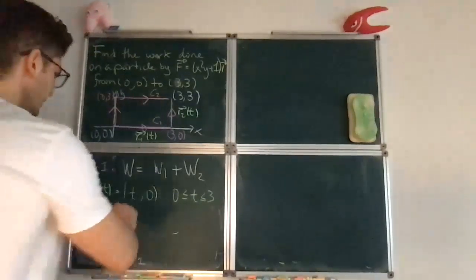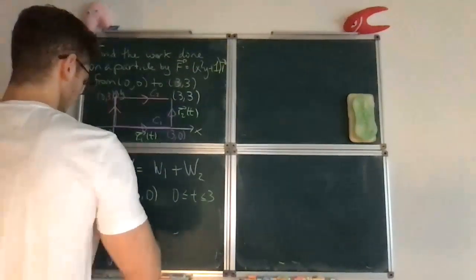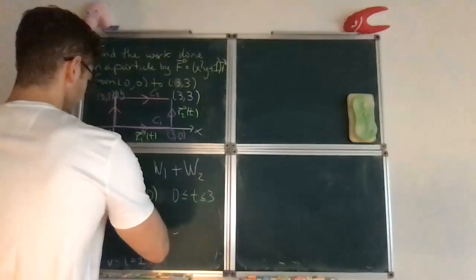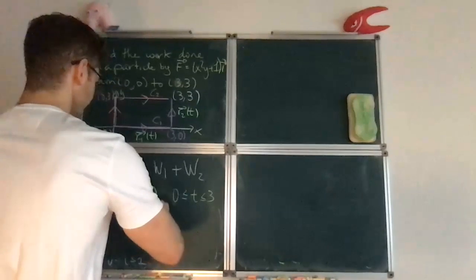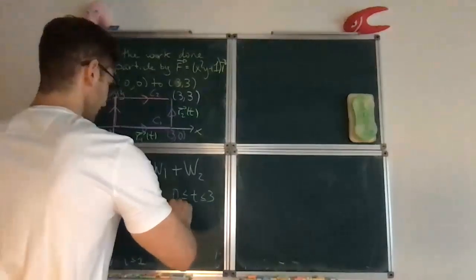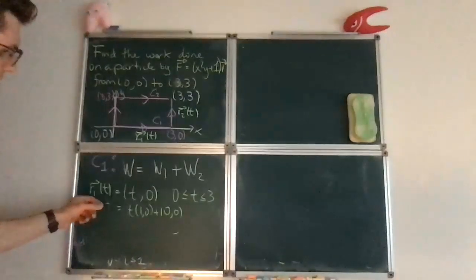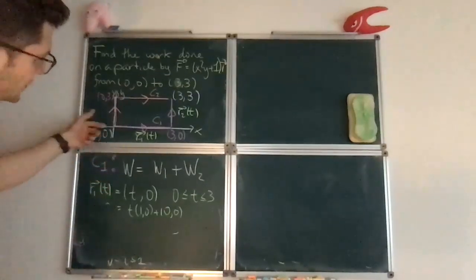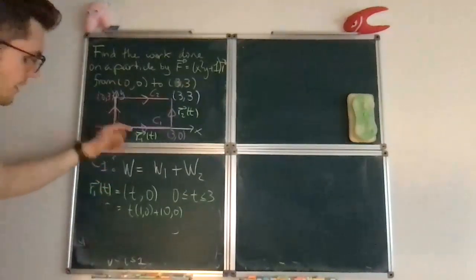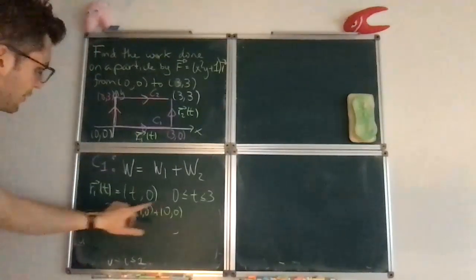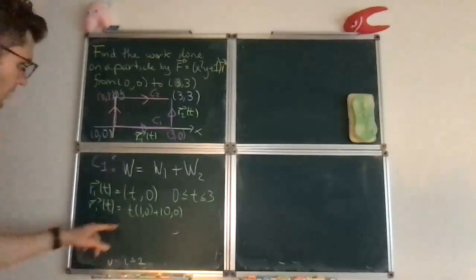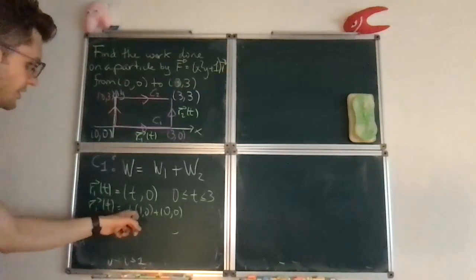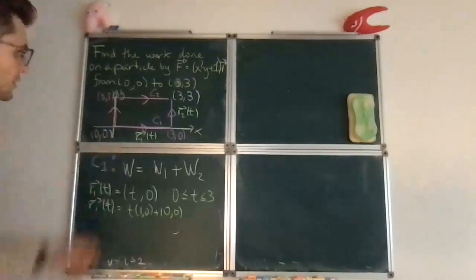Well, you can write it this way. This is the same as t times (1, 0) plus (0, 0). If you write it this way, notice that this is the equation of a line that goes through the origin and moves in the direction of the unit vector (1, 0).